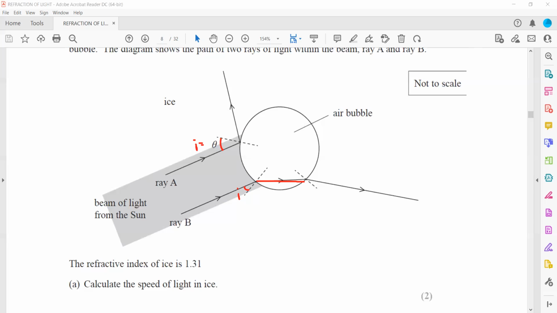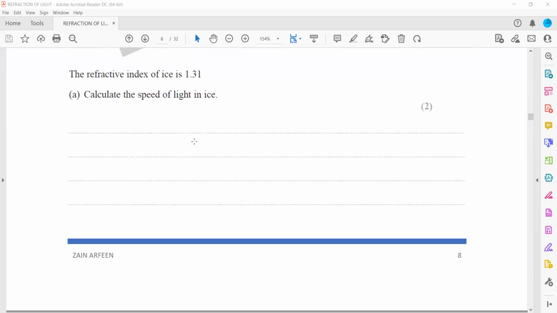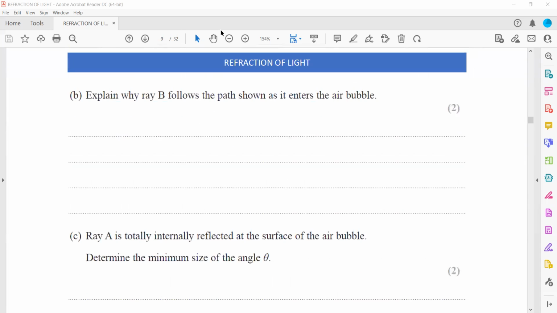So it refracted, moving from ice to air. As you can see, this is the ice and this one is air. Moving from ice to air, the speed will increase, so it will bend away from the normal, like the angle of refraction will be more than the angle of incidence. So why does it follow the path as shown?